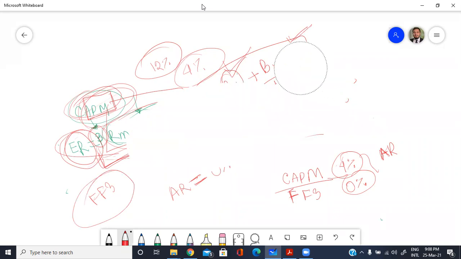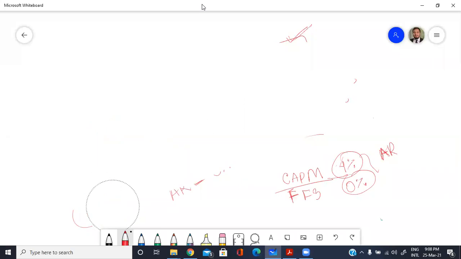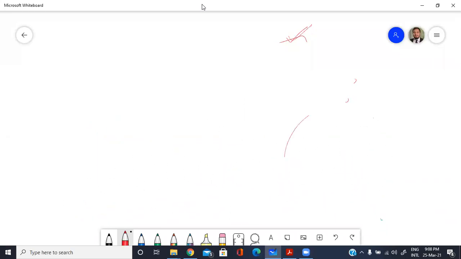So there are challenges in testing market efficiency, because there are joint tests. So what is a joint test? You probably have heard about the test of hypothesis in your statistics course.